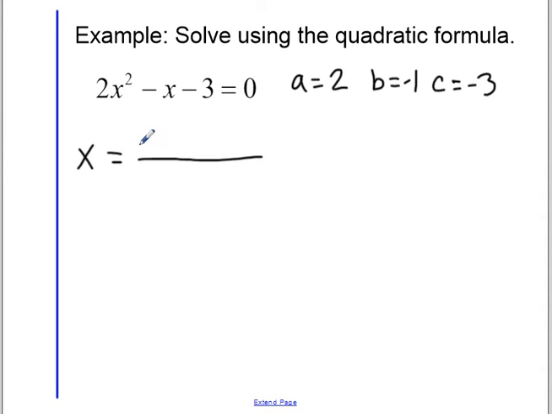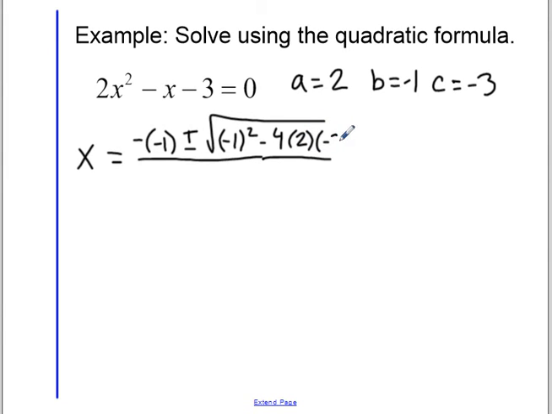Our negative 1, when it gets plugged in, brings its negative, but it's still negative B, plus or minus the square root of B squared, so that's negative 1 squared, minus 4 times A, which is 2, times C, which is negative 3, all divided by 2 times A, which is 2.